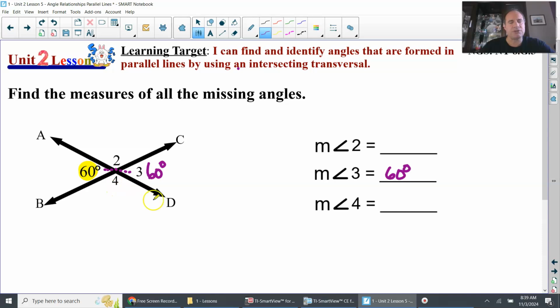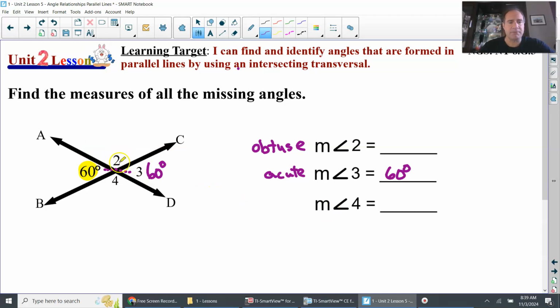Now we have to get angles 2 and 4. Remember, angle 3 is an acute angle. It should be 60 degrees. It should be less than 90. So angle 2 and angle 4 are obtuse, so it should be greater than 90 degrees.